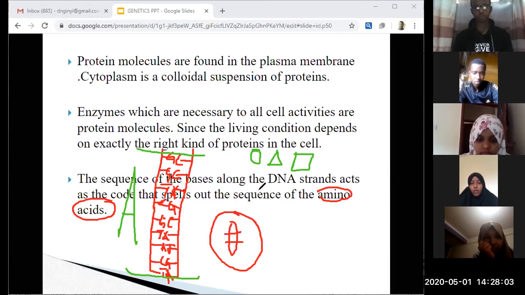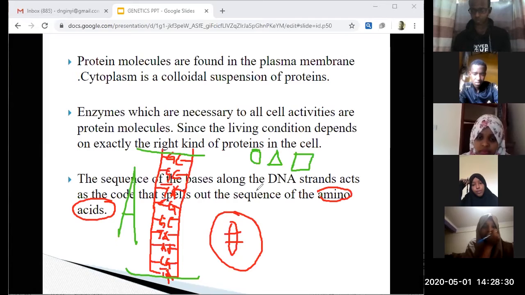Now let's assume that the gene responsible for synthesis of melanin consists of the nucleotide molecules that I have drawn here. In total, there are 18 nucleotide molecules. Now, the arrangement of amino acids in a polypeptide chain is determined by the base sequence along the gene.